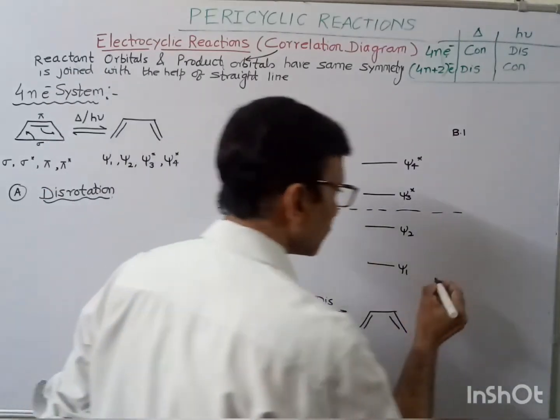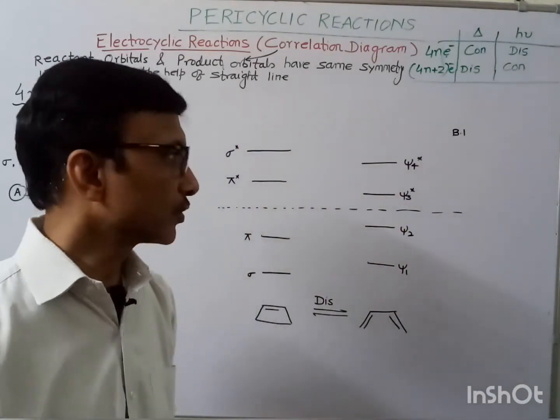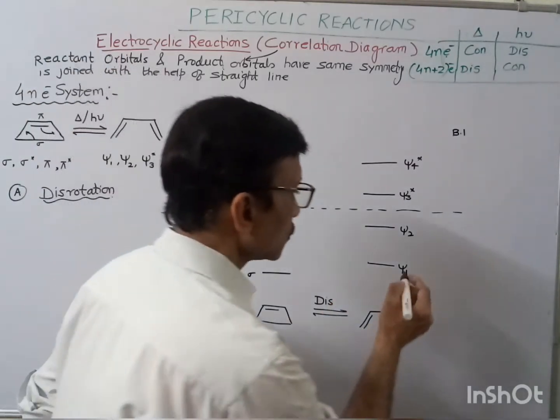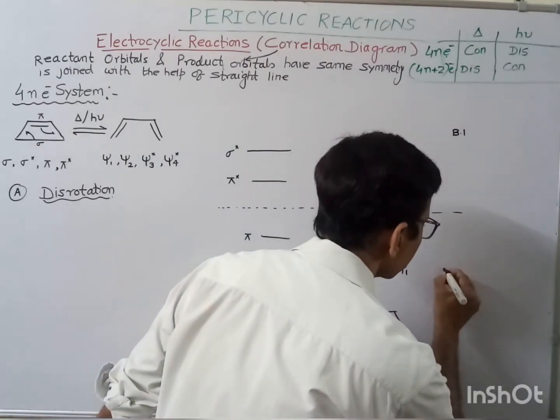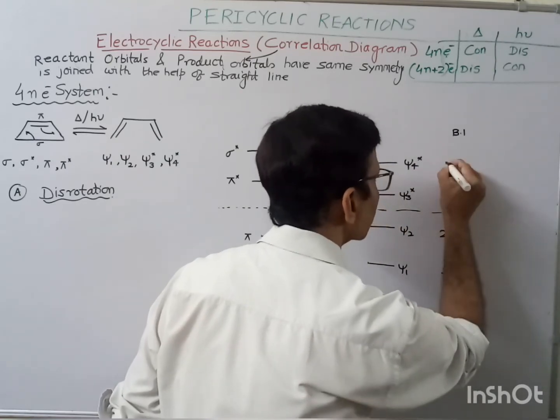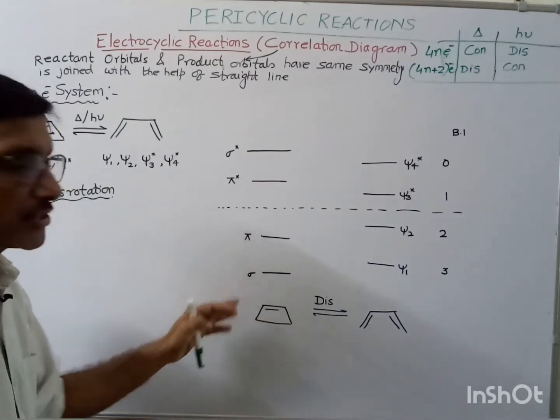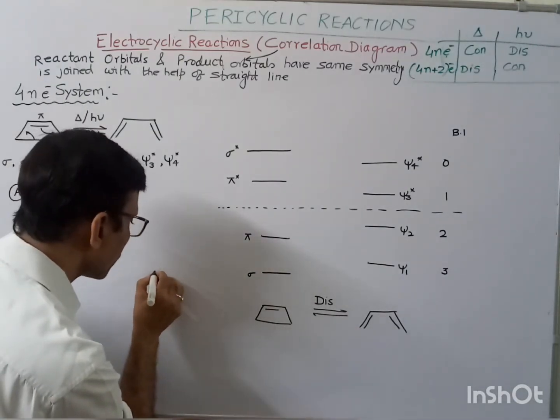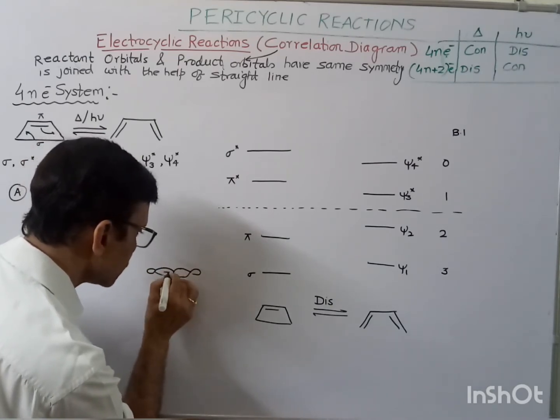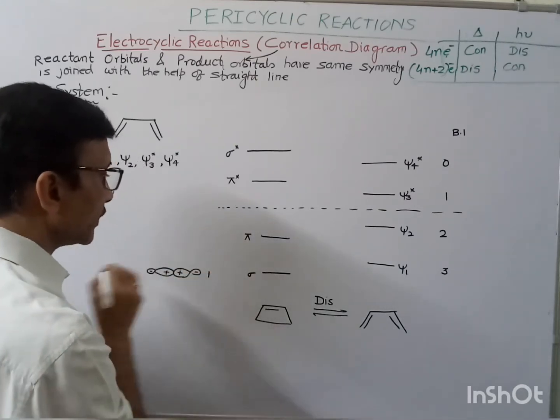As I already told in my previous lecture on the construction of the molecular orbital diagram for butadiene, the bonding interactions are 3 for psi1, 2 for psi2, 1 for psi3 star, and 0 for psi4 star. Now, how many bonding interactions are there in sigma? In sigma you will see 1 bonding interaction.